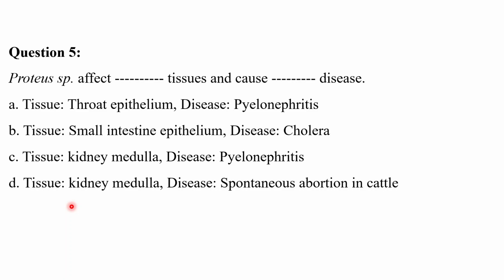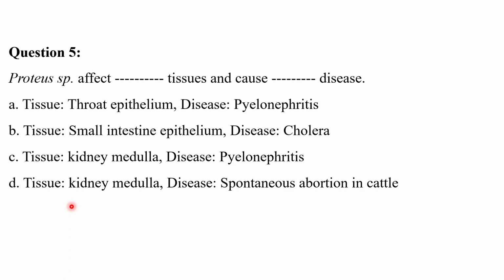Moving to the next question, question number 5. Proteus species affect dash tissues and cause dash disease. Which tissue is affected by Proteus species and what disease is caused in that particular tissue? Option A, throat epithelium and pyelonephritis.